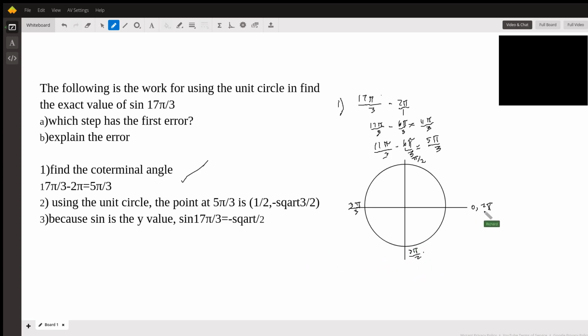I'll leave that alone. 2 pi is going to be 6 pi over 3.